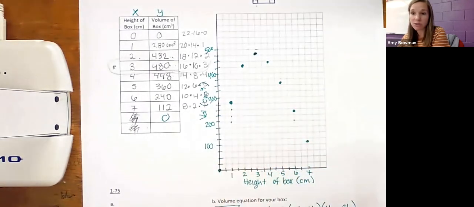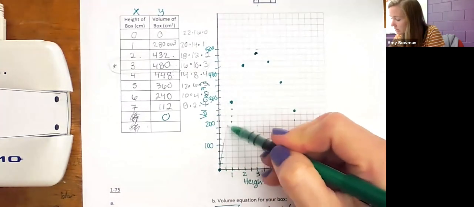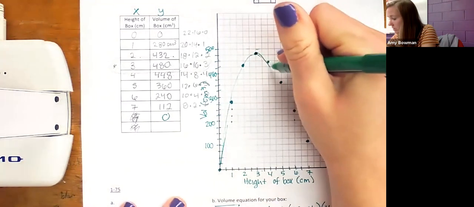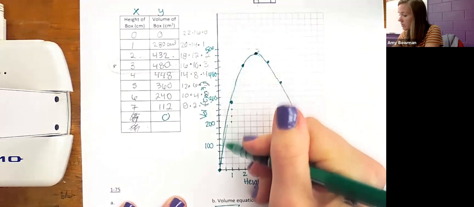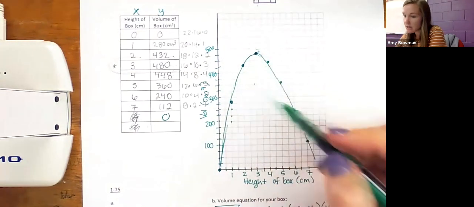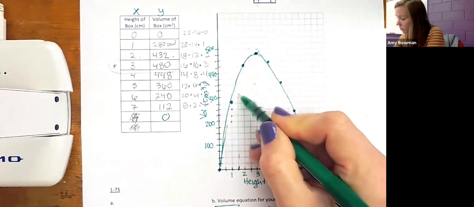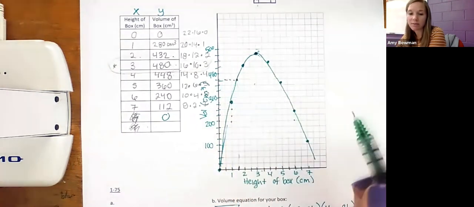We could do 1.2 or 1.5 or 1.7. So in this case, yeah, we could make this a continuous graph, and that would help us estimate. If I did have a height of 1.5, I could follow that up to the curve and estimate what that volume would be.